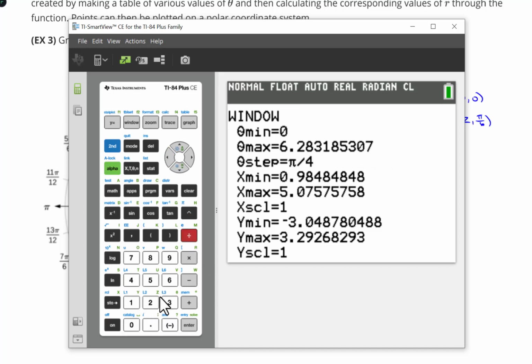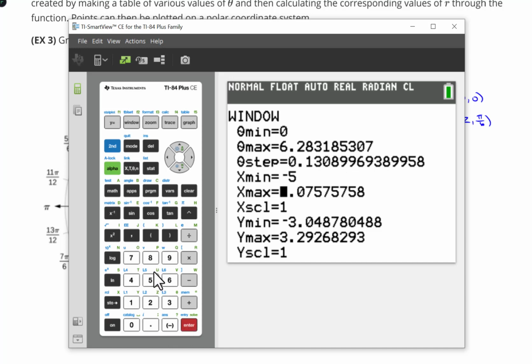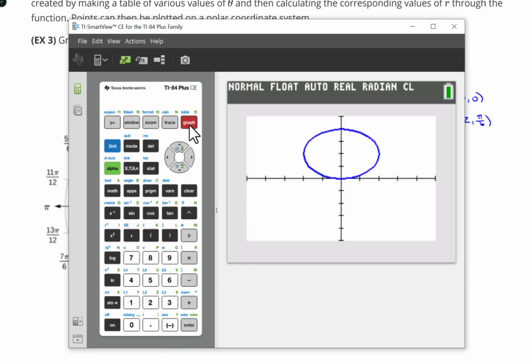And that way the step increments are in terms of common angle measures, but also a fairly small increment, because I generally use a theta step of 0.1 in rectangular coordinates. X min, X max, let's go with -5 to +5 on each of those. And I'll hit graph here. All right, so there it is.